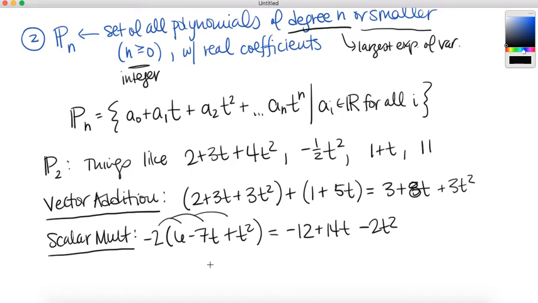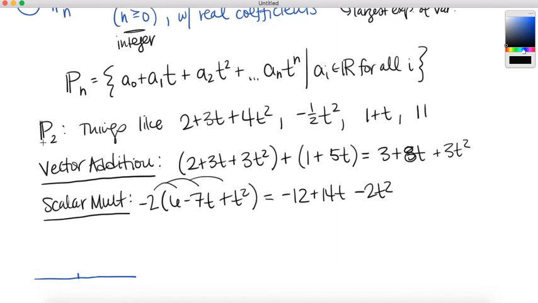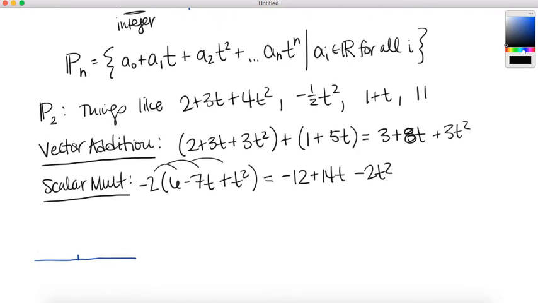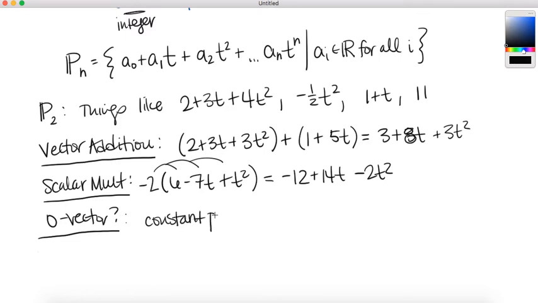Let's talk about a little bit more, and that is, what would our 0 vector be? Our 0 vector is just going to be the constant polynomial 0.